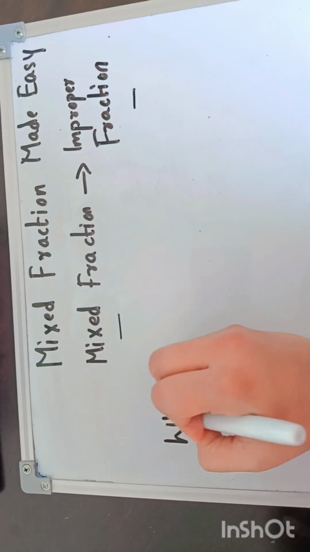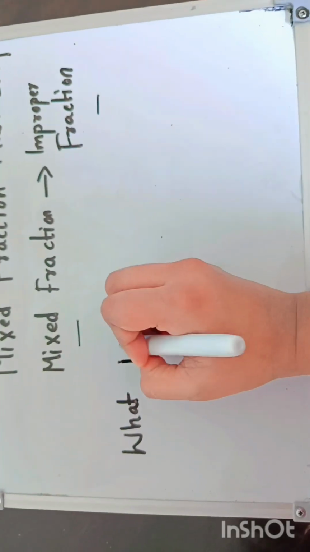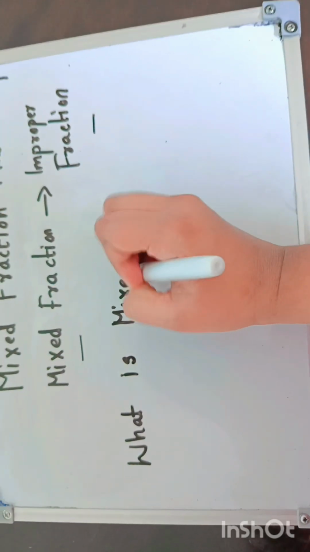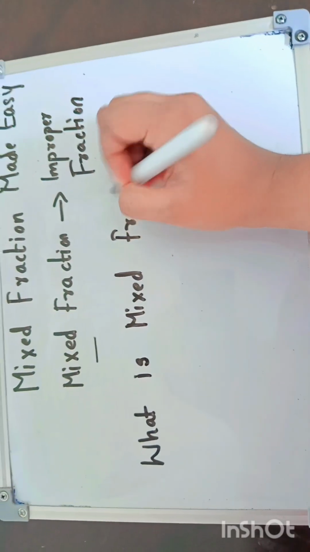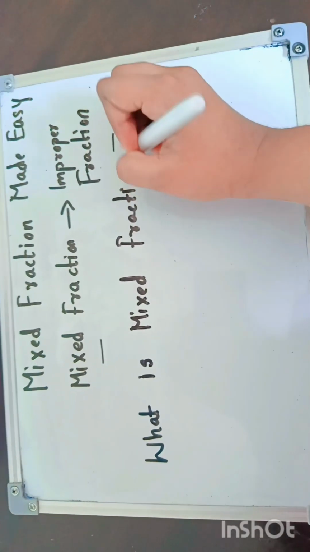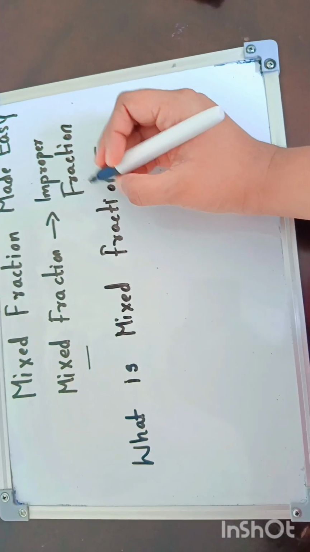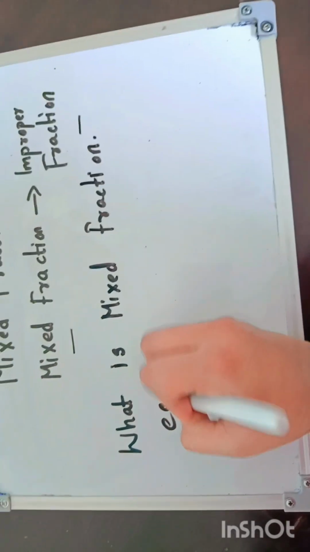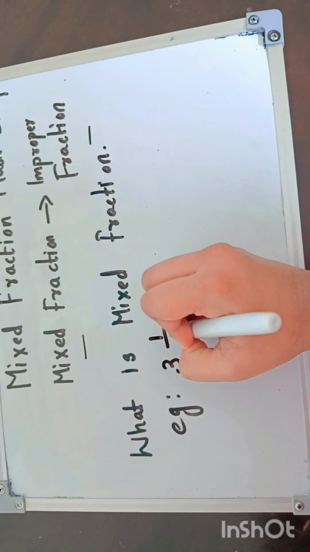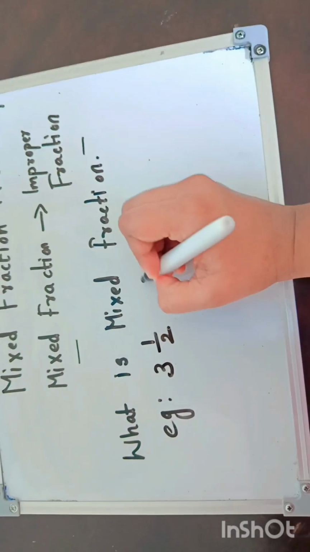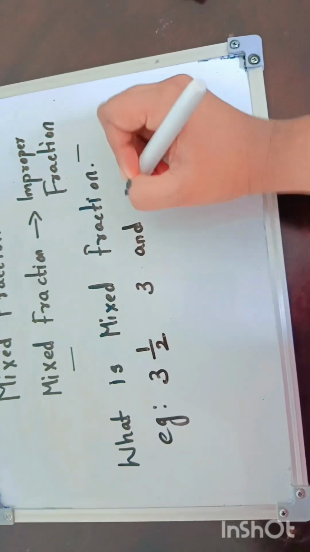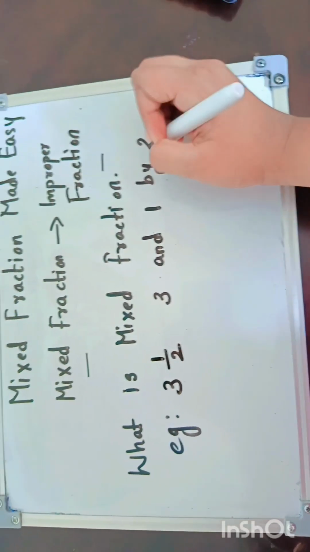After completing this video you will find it easy to do arithmetic with fractions. First of all, let's see what a mixed fraction is, with an example. I'm going to write an example: 3 and 1 by 2.